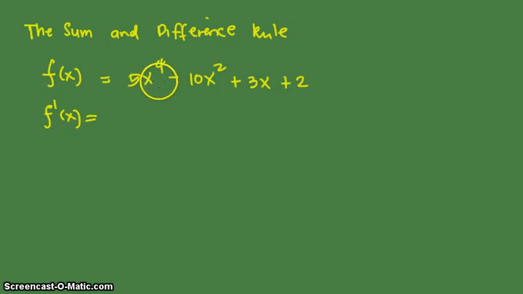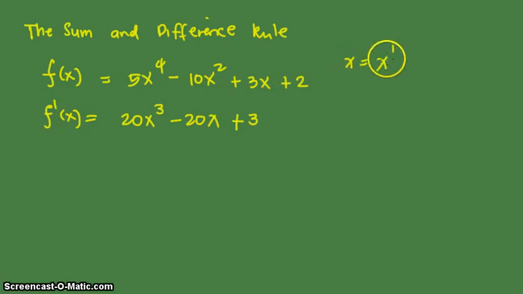So, for example, for 5x to the 4, we know the derivative is 20x cubed, and then just proceed differentiating the other terms. So, minus 10x squared, the derivative is 20, that's 2 times 10, so you have 20x to the 1, and x to the 1 is the same as x. Then the derivative of 3x is the constant times the derivative of x. Now note that x is the same as x to the 1.